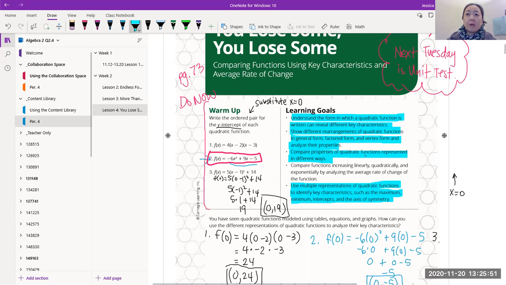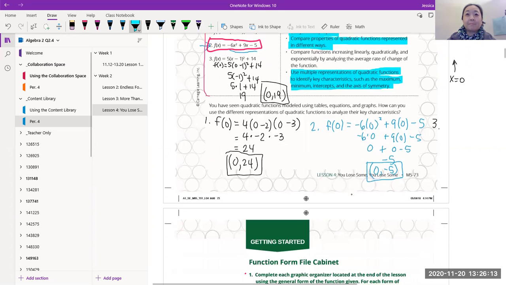Also, we're going to be comparing properties of quadratic functions represented in different ways. So one may be an equation, another one may be in a graph or in a table, right? And then also use multiple representations of quadratic functions to identify key characteristics such as maximum, minimum, intercepts, and the axis of symmetry.